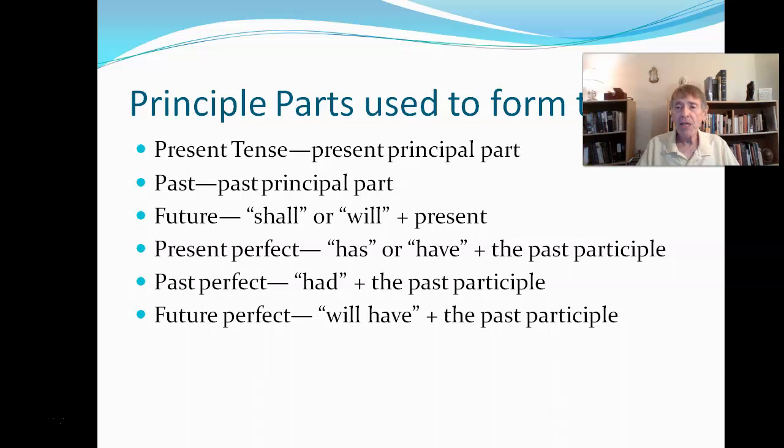What that means is it refers to a continuous action that goes right up to and possibly including the present. Okay? I have ridden and I continue to ride. My bicycle.